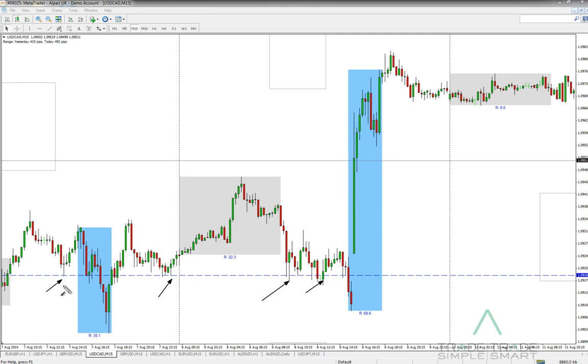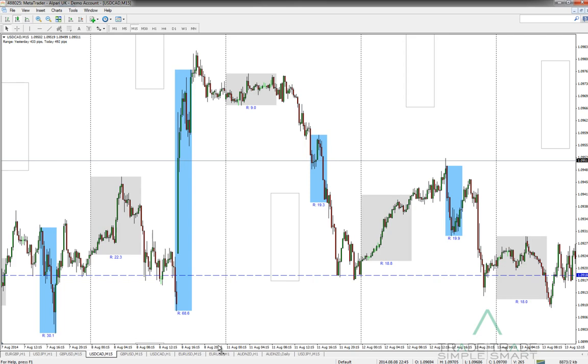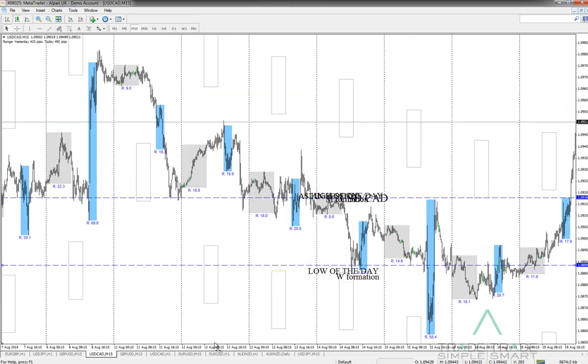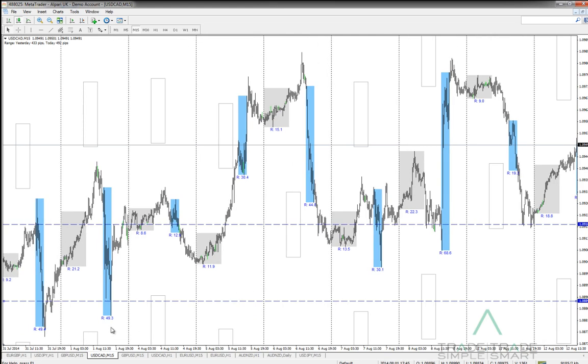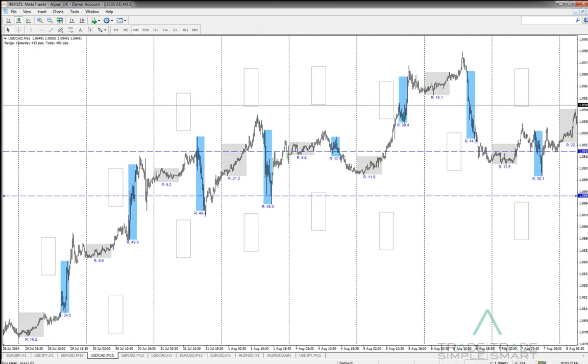very strong prior support and resistance level, and if we take a look at the lows of the day, we can see that this also was a strong level of support and resistance. We have the level acting as a level of support on 3 different occasions.